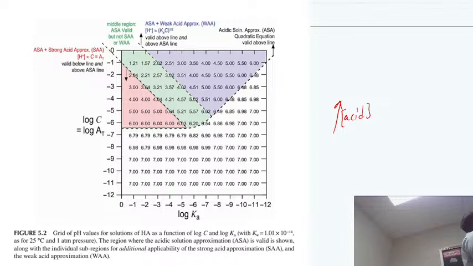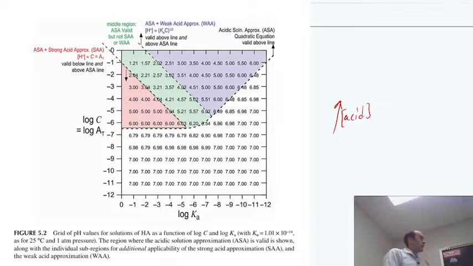So we can only use the acidic solution approximation. And then for a bunch of it, we can use the weak acid approximation and the acidic solution approximation. Okay, so it's kind of hard to wrap your mind around all of that, but if you look closely, you'll notice all the pH values given are low. So all of them are 6 or below.